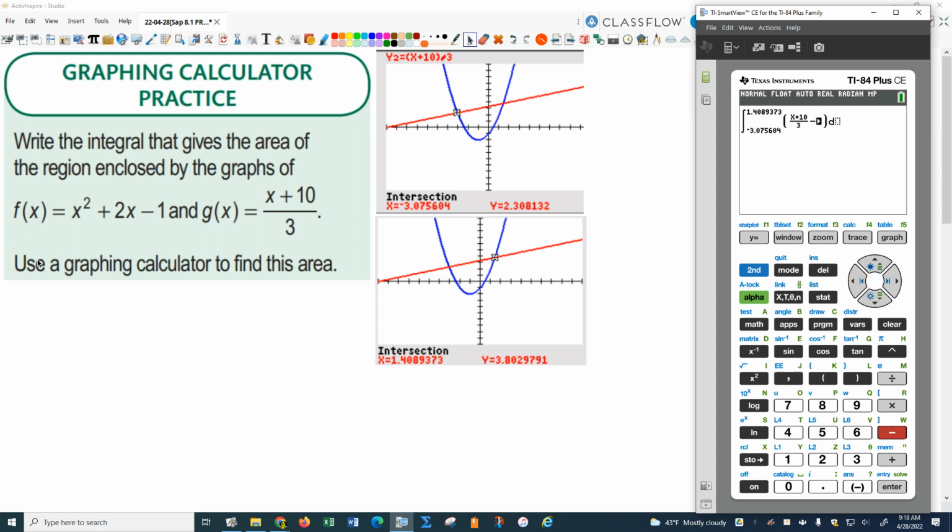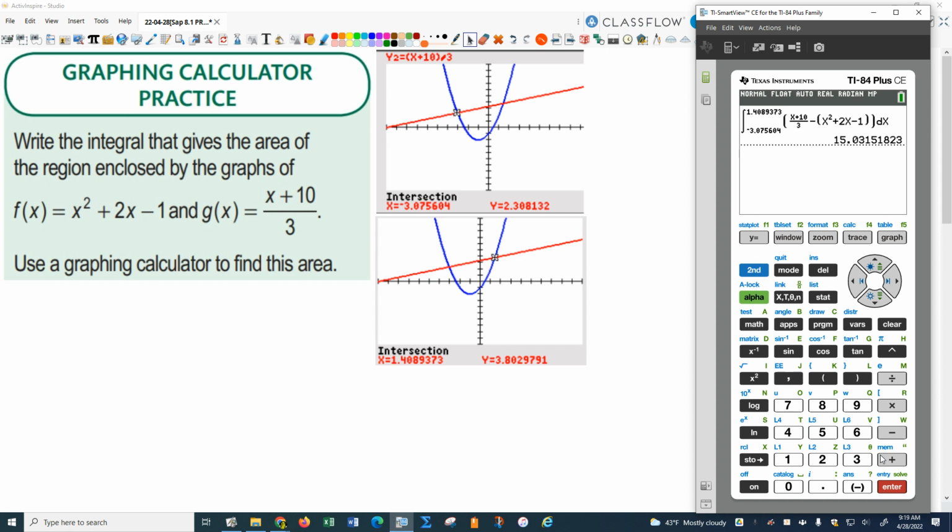Minus. Now I got to be sure to put this in parentheses, right? Because I'm subtracting the whole quadratic function. So in parentheses, I'd have my x squared plus 2x minus 1. And then it's dx. And there it is. That's my area.